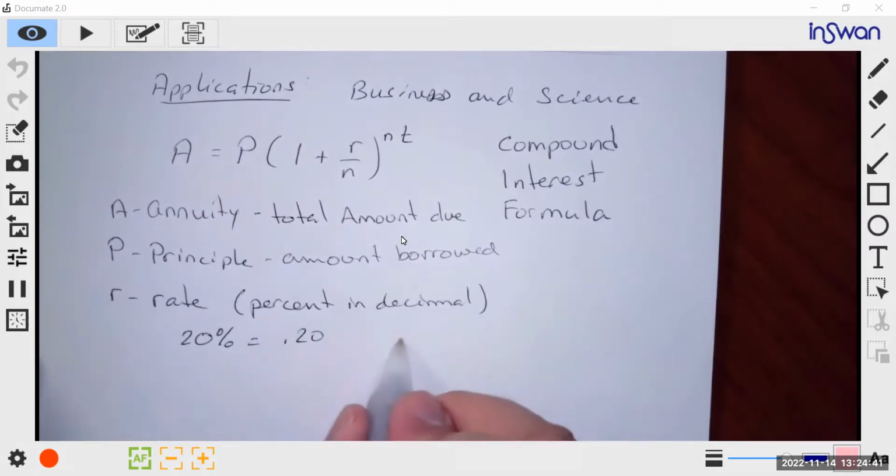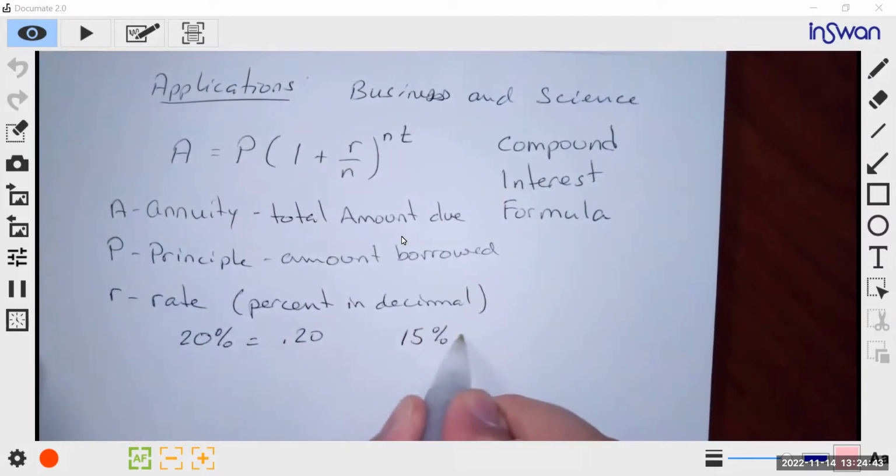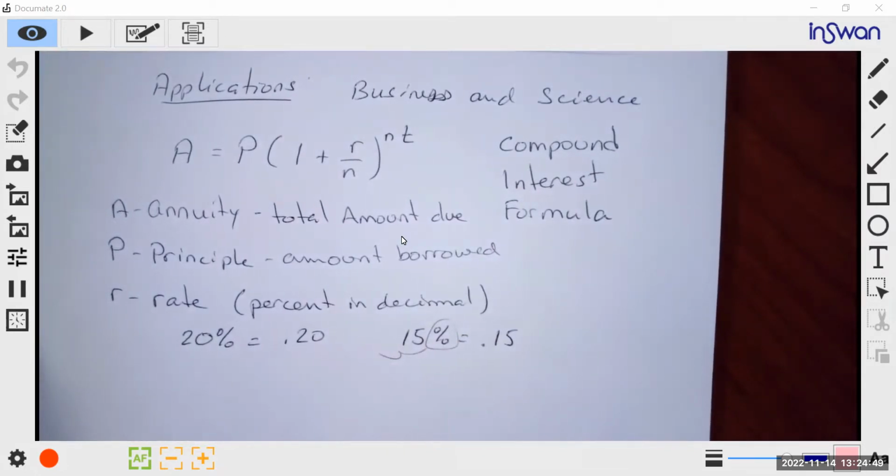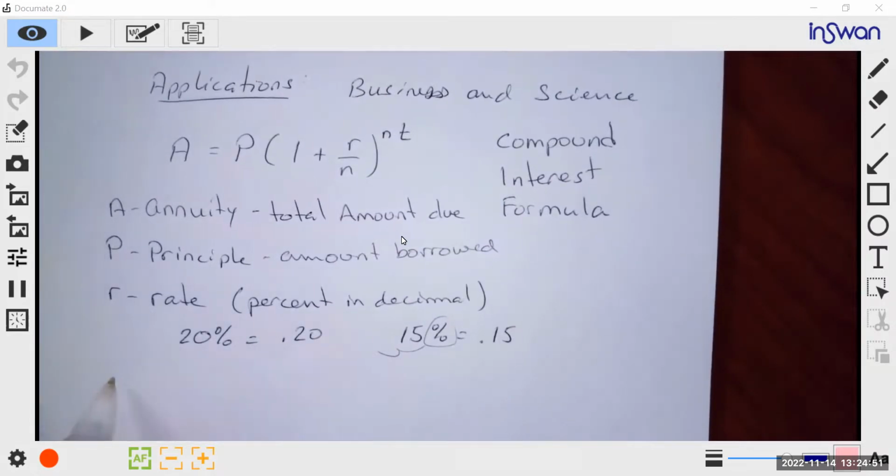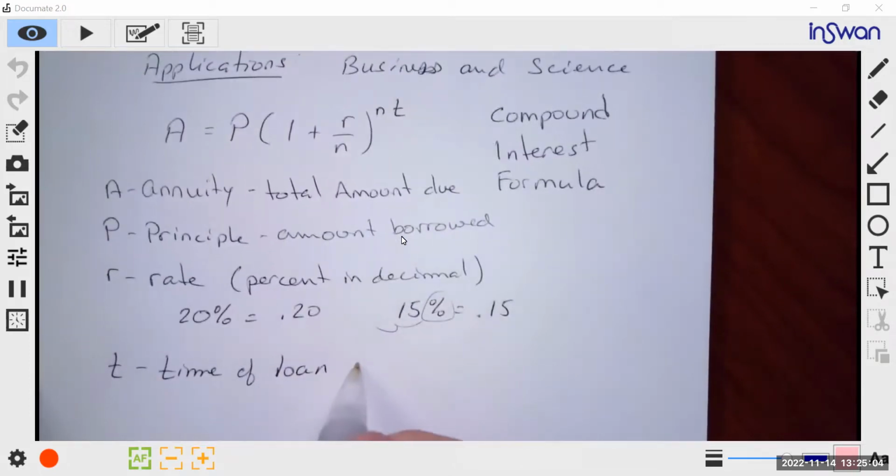Or 15%, 0.15. Just drop the percent, move it two places to the left, and you're done. A lot of people don't see that. T is the time of the loan. This is in years.